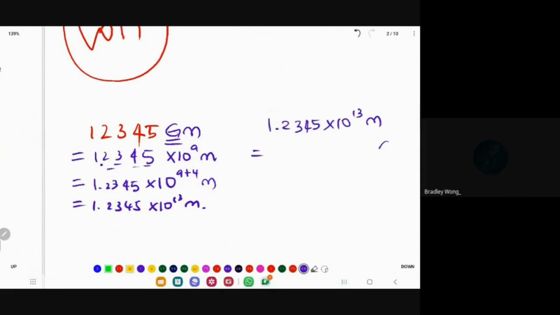Now what if I want to change this one into gigameter then? How? I have a giga in my answer already, so I have to give back. I would put -9 instead of 9, so that I won't change the question. And then the rest you just copy down. Okay, and then you should get back the same answer. You solve this, you get 6.